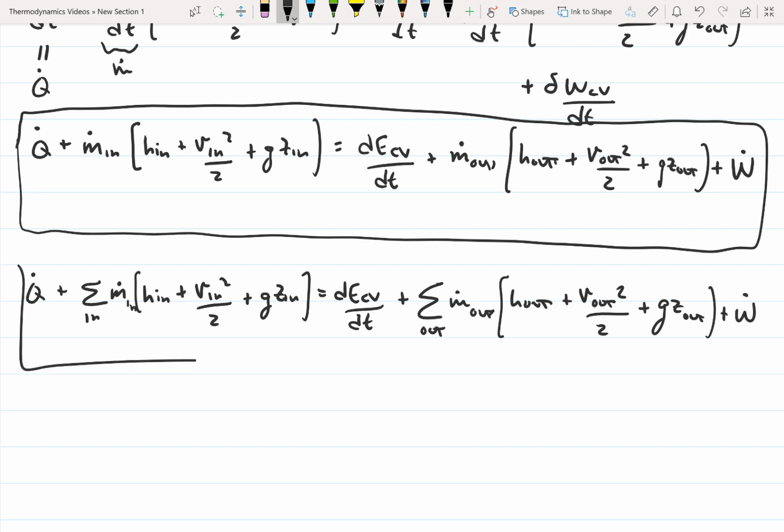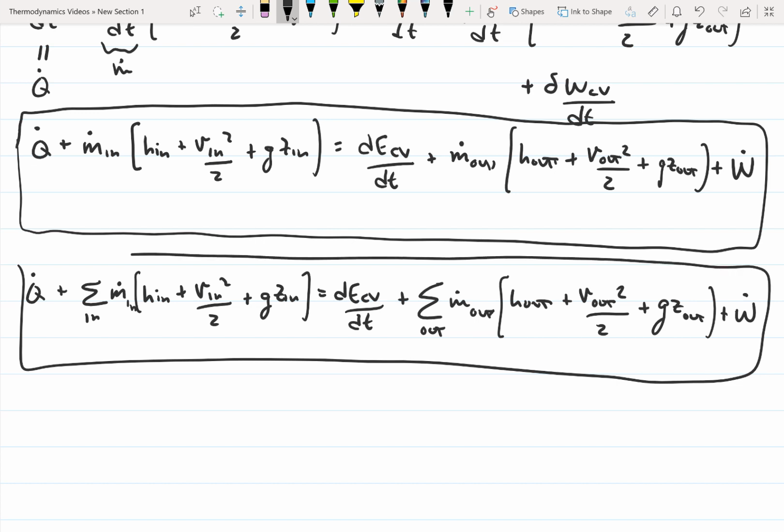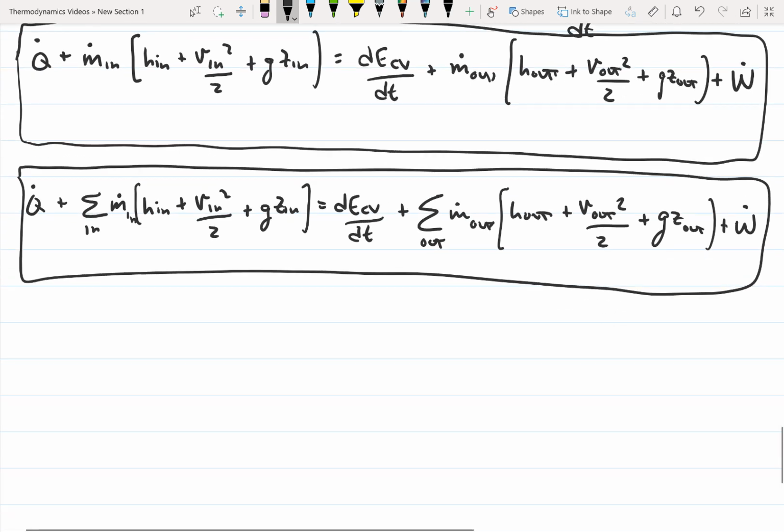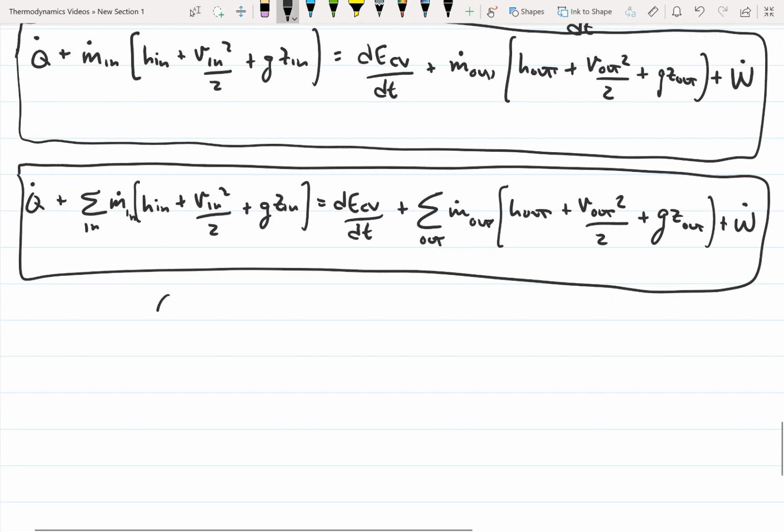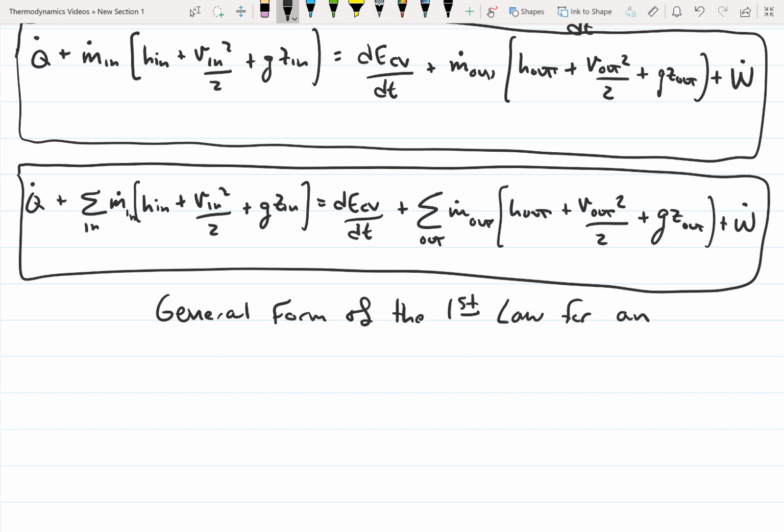So this equation here is the general form of the first law for an open system.